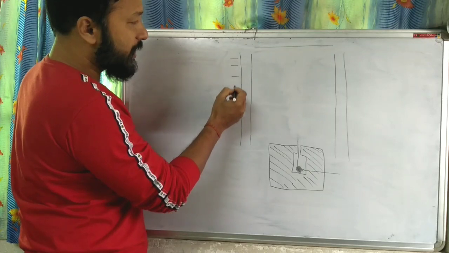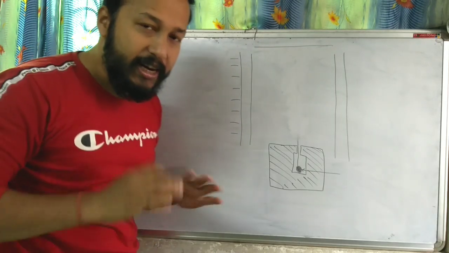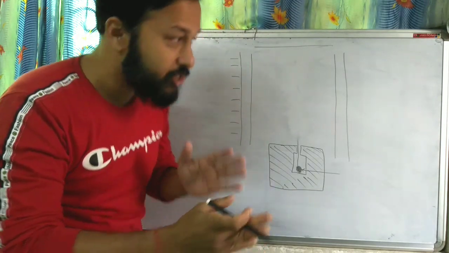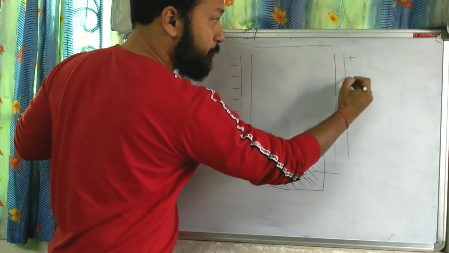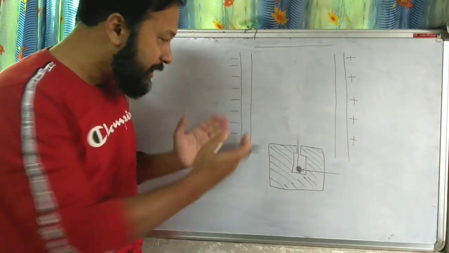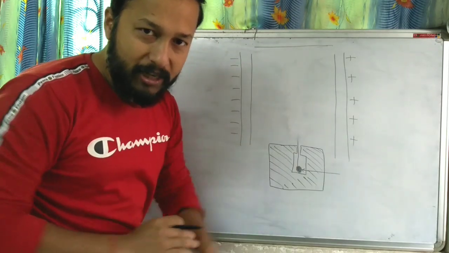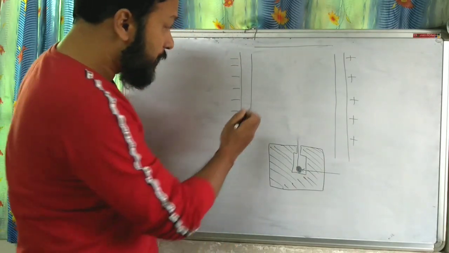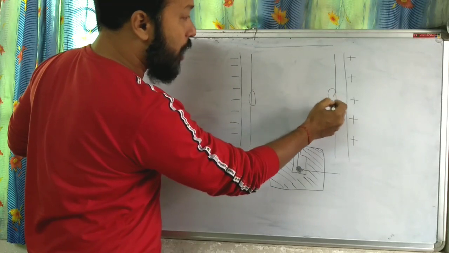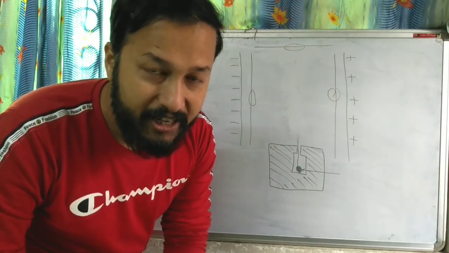This metal sheet is negatively charged and this metal sheet is positively charged. And he noticed that when these two plates are placed, one negatively charged and one positively charged, then these portions are now affected. All these photographic plates are now affected.